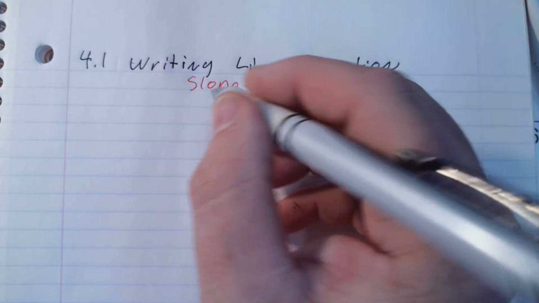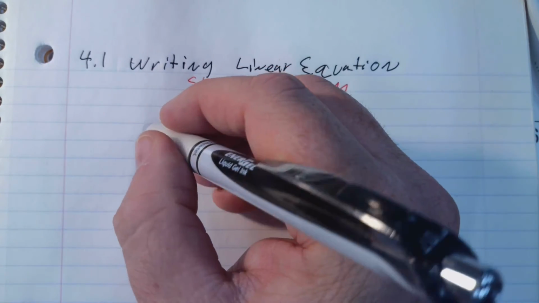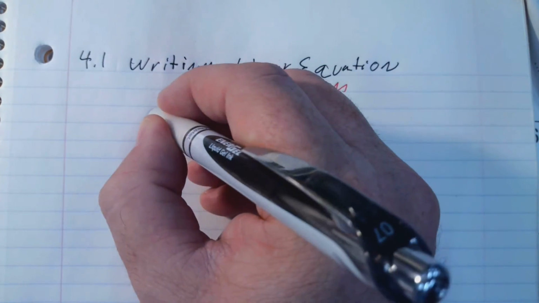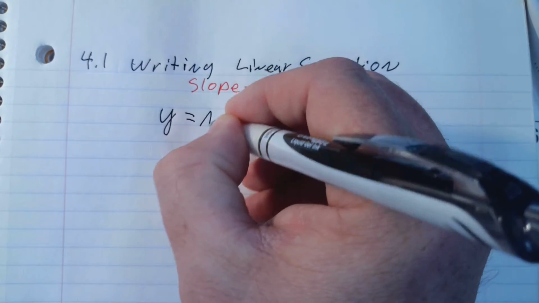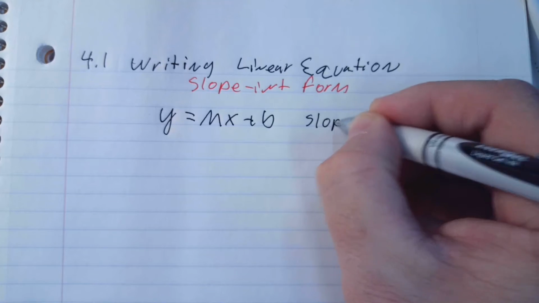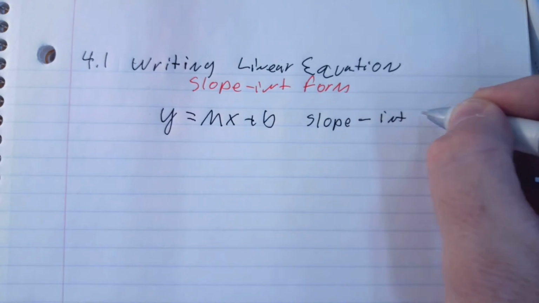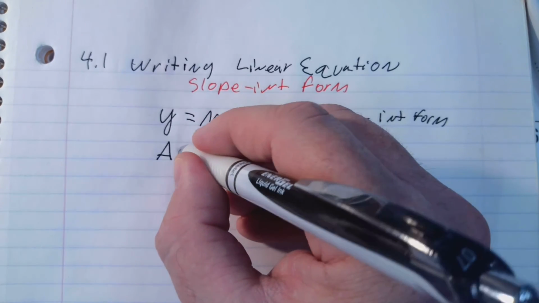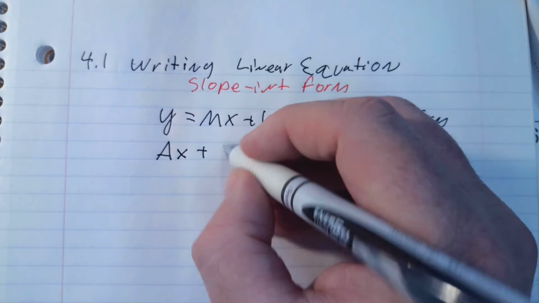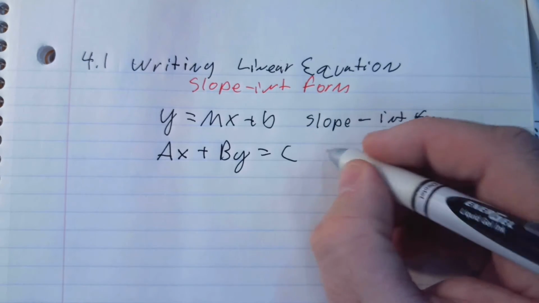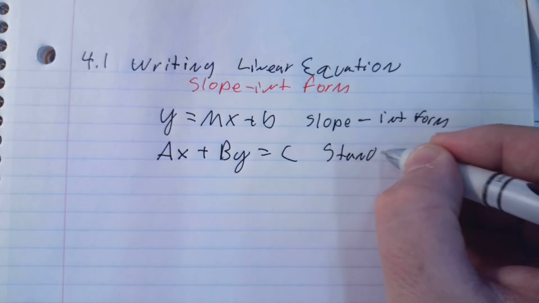We're going to deal with slope-intercept form, obviously. That's called slope-intercept. We're going to deal with standard form. Not today, but that's called standard form.